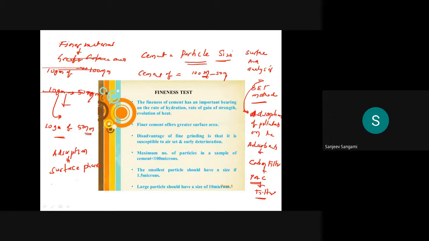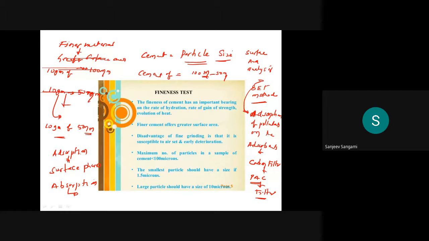We have one more term called absorption. It is a bulk phenomenon. Adsorption means surface area is very important, because most of the pollutants are going to adsorb on the surface of that particle. So the higher the surface area, the more pollutants are adsorbed. But absorption is entering into the material, for example, a sponge.